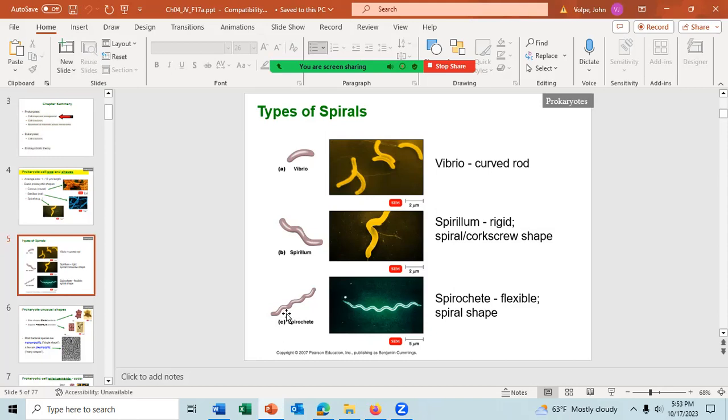That's a spiral with many spirals in it. There are some differences between the spirillum, the spiral, and the spirochete. The spirochete is more flexible. The spirillum is more rigid.